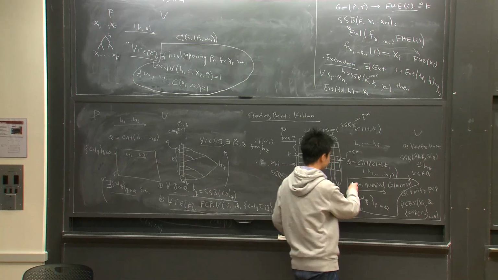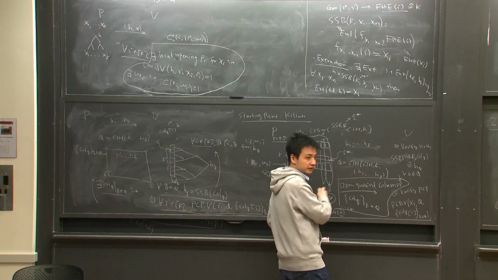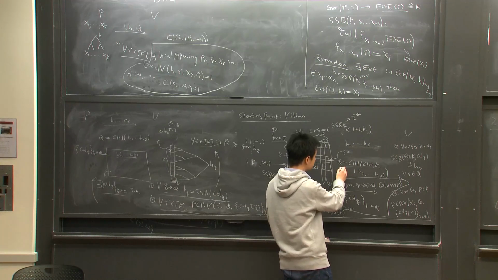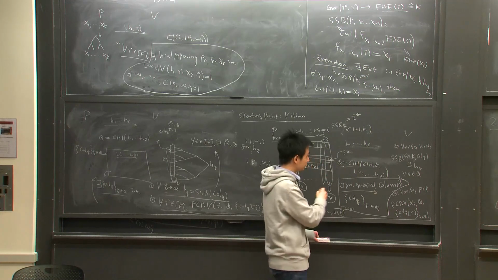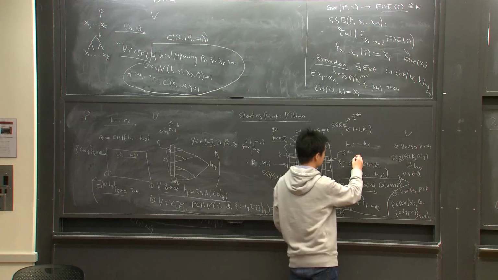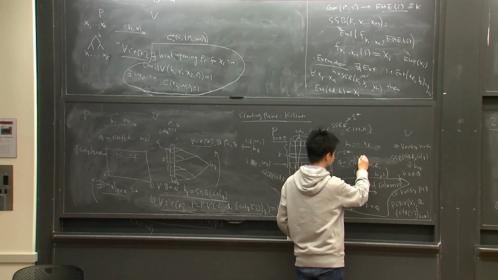So what we will do here is we first generate the CI hash, use the CI hash to generate Q, and then we do the pre-processing to this Q to generate some short state.